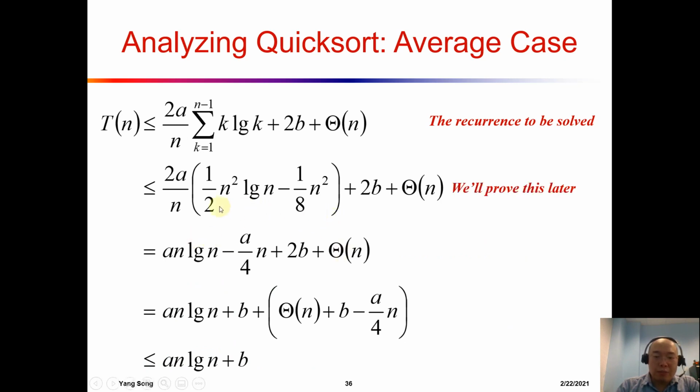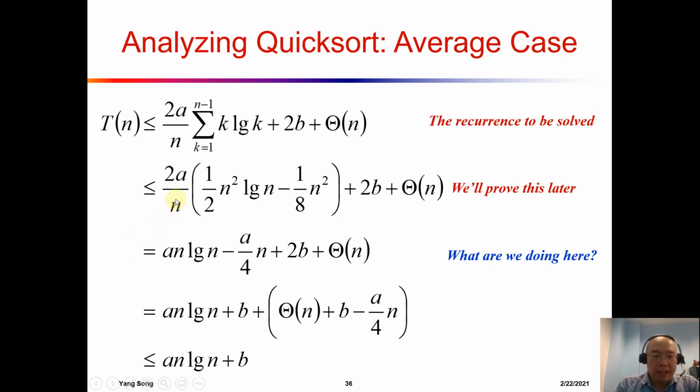So I just plug in the result of this summation as this, okay? And how do we prove that? Later we are going to have another set of slides. And then, okay, let's move on.